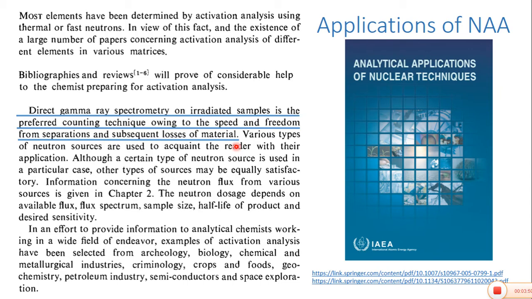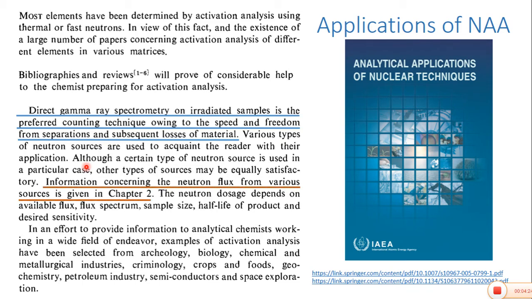Various types of neutron sources are used, and we will acquaint the reader with their applications. It is not only a single source of neutrons; there are many neutron sources. As you have studied, there are mainly three neutron sources. Although a certain type of neutron source is used in particular cases, other types of sources may be equally satisfactory.